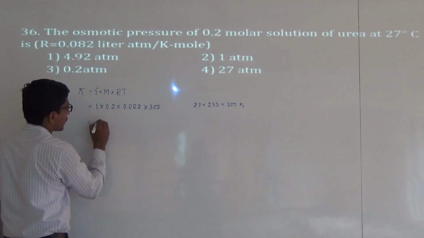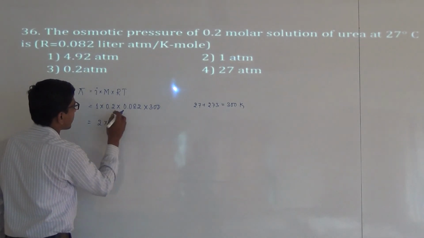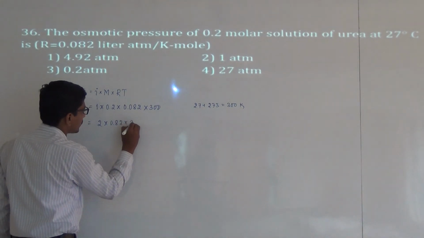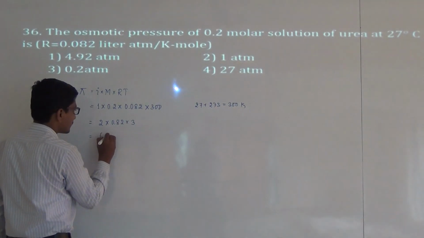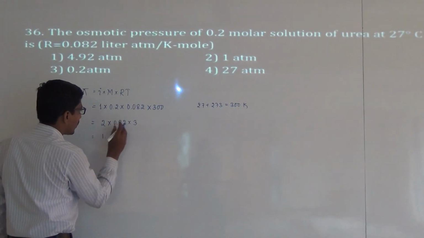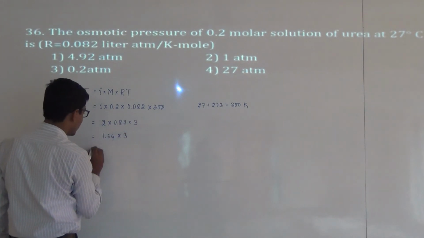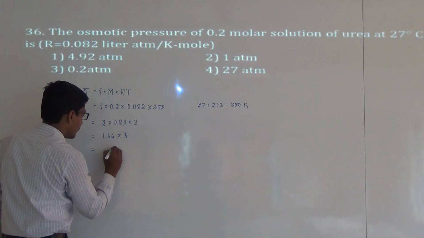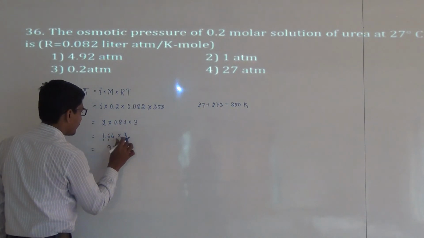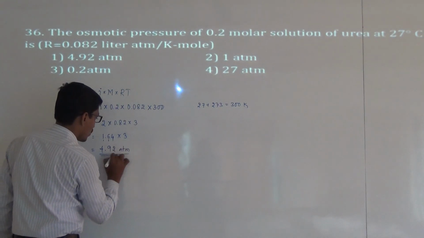This is 2 into, this one is multiplied by 10 here and 10 here, 0.82 into 3, this is equal to 6 into 0.82, or 1.64 into 3, this is equal to 4.92 atmosphere.